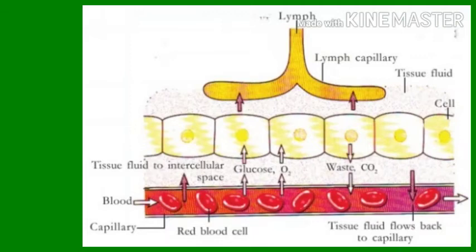The tissue fluid inside the lymph capillaries is called lymph. I'll repeat. A part of the tissue fluid in the intercellular spaces is absorbed into the lymph capillaries, and the tissue fluid inside these lymph capillaries is called lymph.